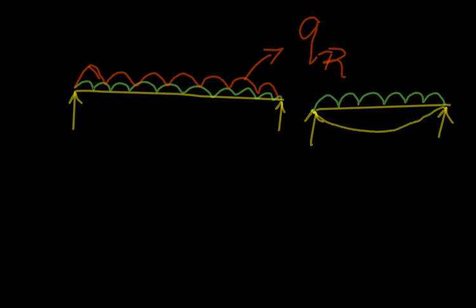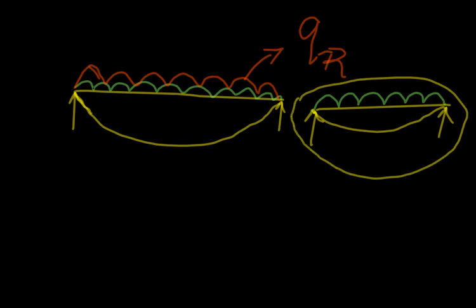But since there is a residual rate of loading, that is unwanted, irritating rate of loading, the beam should not bend the way it usually bends, but bends in a different fashion compared to this bending, which is the exact bending. This one is not the exact bending because there is a residual load that acts.